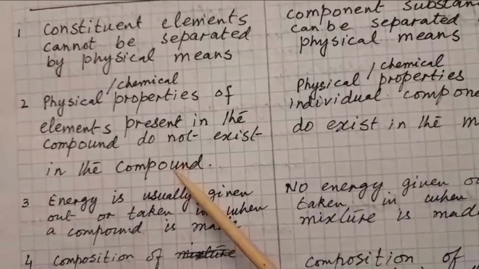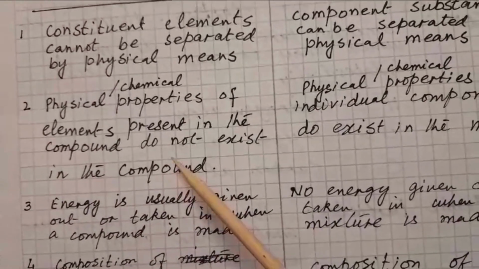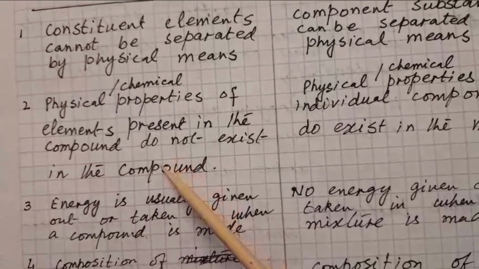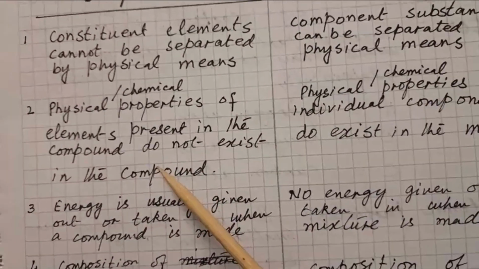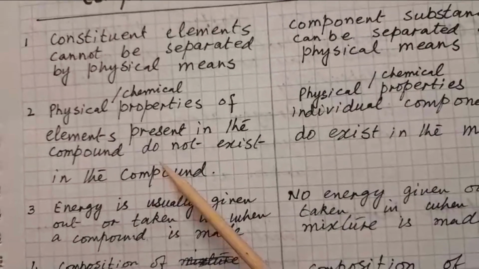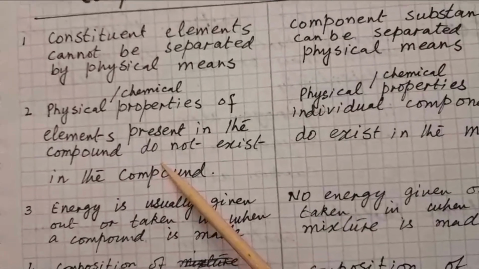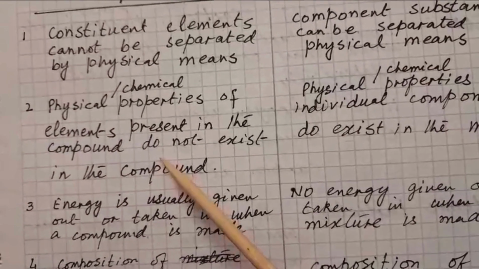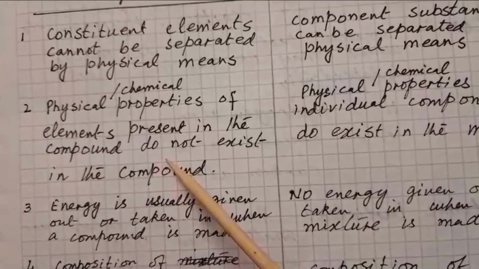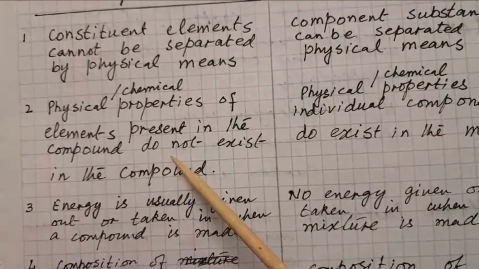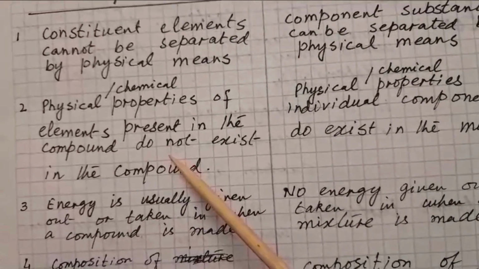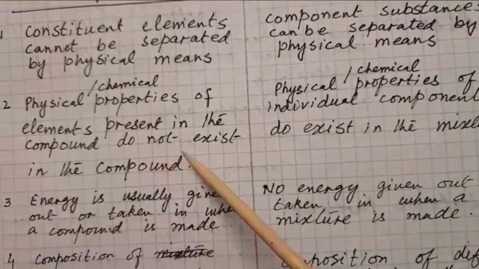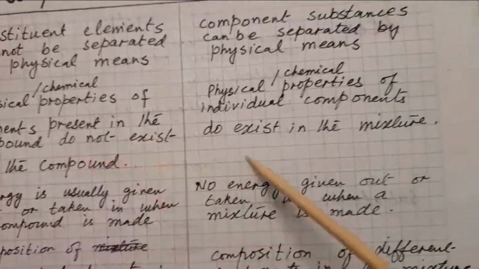If we see their individual properties, chlorine is a highly poisonous gas and sodium is a highly reactive metal and it is also highly poisonous. But when they react together, a new thing is made, which is sodium chloride, and this sodium chloride is neutral and we eat it as common salt.